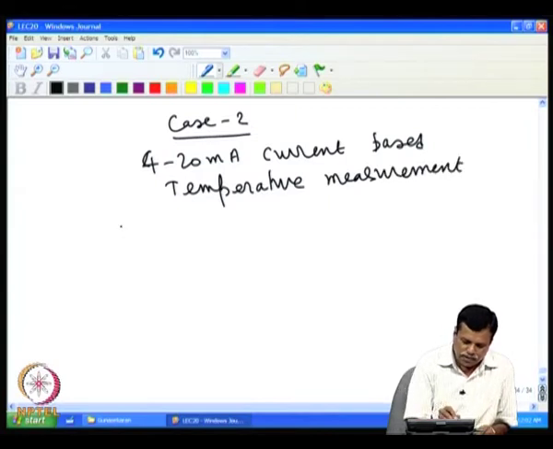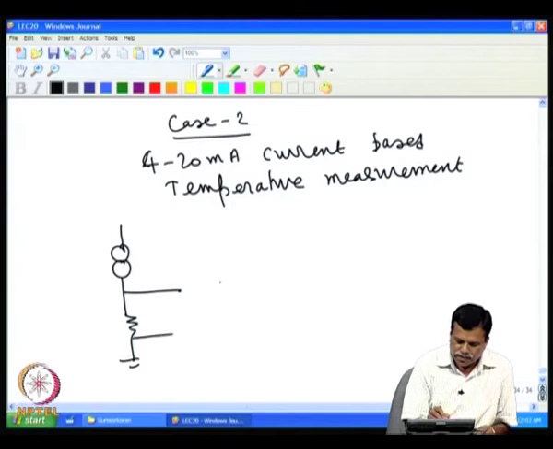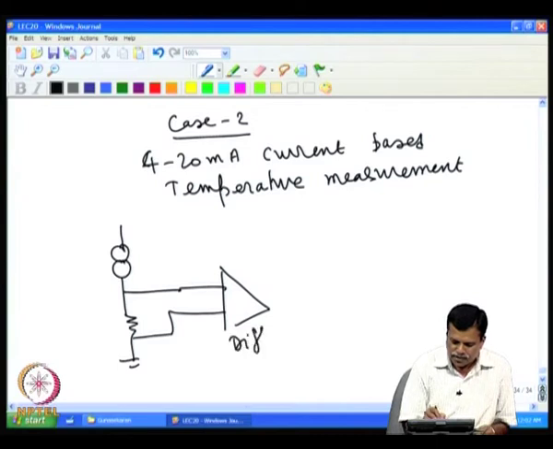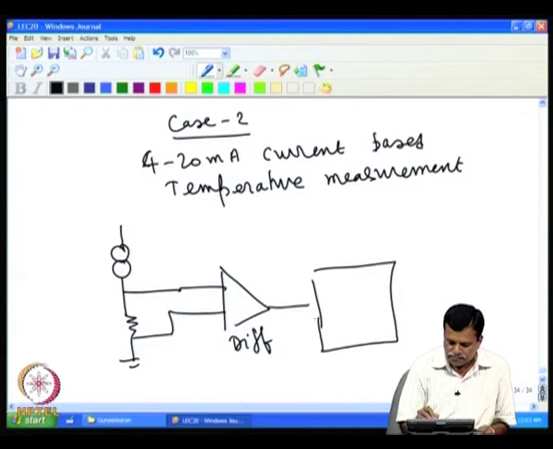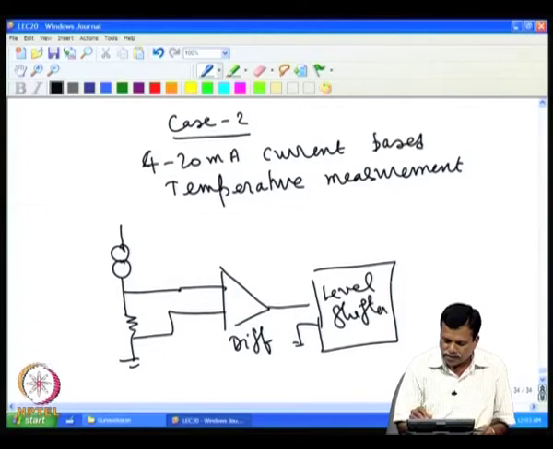For this, we will have the current source, then a similar arrangement, then we have a difference amplifier, then we have the level shifter, and the level shifter output is given to the current converter.